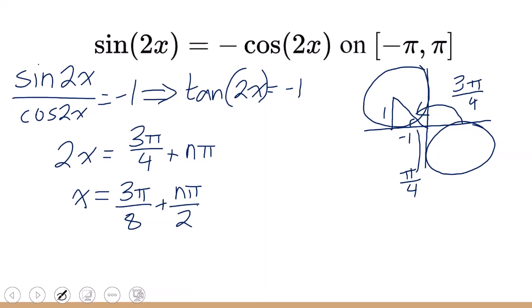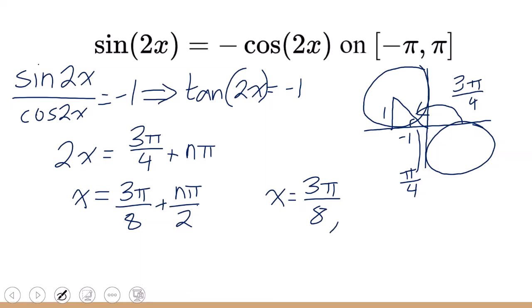And so now I need to find all the possibilities that are within the minus pi to pi interval. So firstly, I'm going to work on the positive numbers. When n is equal to 0, I simply have the angle 3 pi over 8.